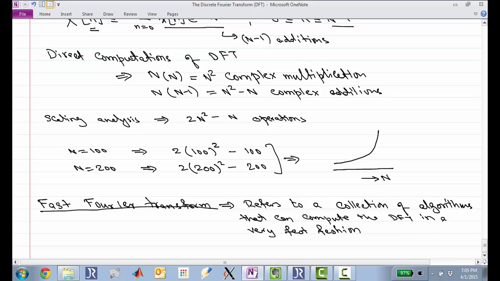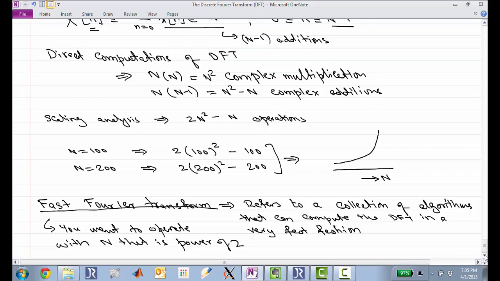Okay, so one of the key facts to make fast Fourier transform is that you want to operate with capital N that is power of 2.